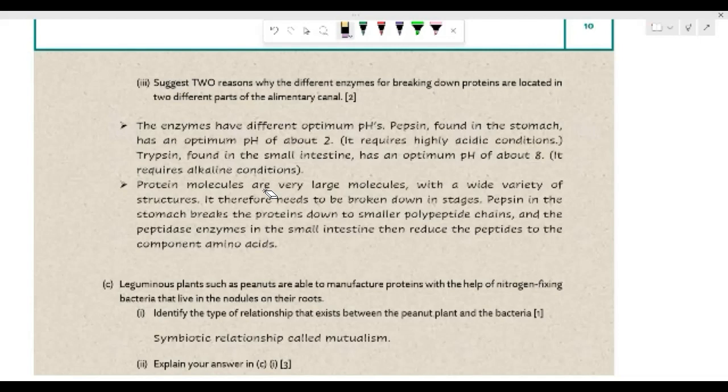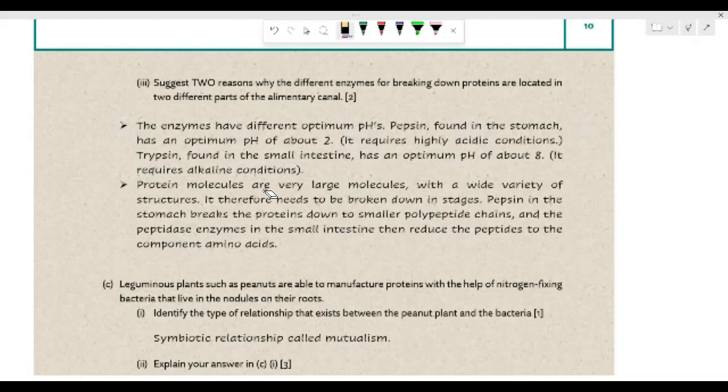And that kind of acid, if it burns through into the rest of your body, you are going to be in a problem, right? So that's why the stomach will have one type of enzyme in it. All the other enzymes can happily function in the small intestine.